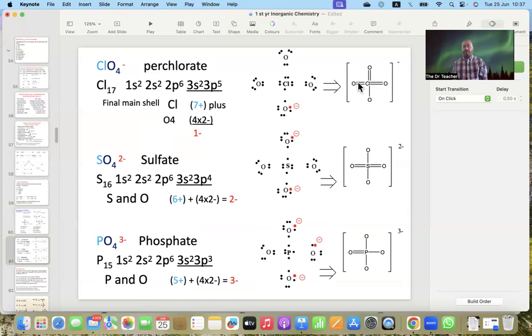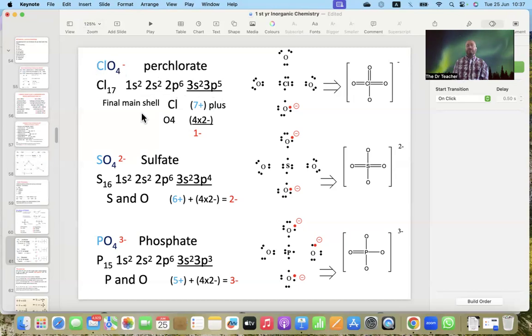You can see the structure of the perchlorate. So it's a chlorine and 4 oxygens, 3 oxygens double bonded, 1 oxygen single bonded. So the overall charge is -1. Okay, so now if you come to the chlorine, 17 electrons, 1s2, 2s2, 2p6, 3s2, 3p5.